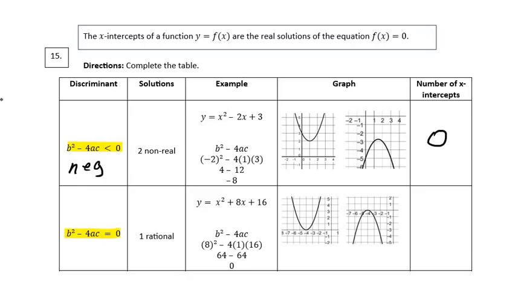So I'm going to end up with only one real rational solution. So I'm going to have one x-intercept. And what I want you to notice about the graph here is that my graph just sort of sits on the x-axis. It doesn't actually cross the x-axis, just kind of hits it and then bounces back off.